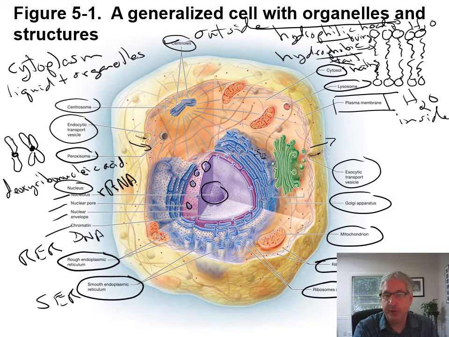Okay, and then the proteins, raw proteins, they get wrapped up in a little ball and they go up to the Golgi apparatus. So we have RNA come out of here. So messenger RNA goes to here. Oops, I'm sorry, let me do that again.